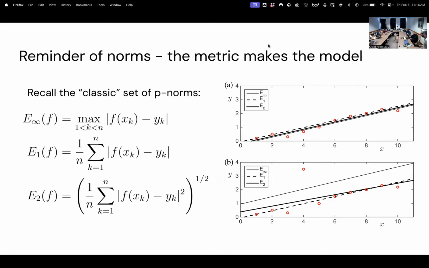Okay, so just to remind you of that idea of norms, because this is our error function, right? Something that I want to stress, and I will stress this again at the end of this lecture, but the metric makes the model, right? That function f is our model. The error term g, or here we'll call it e as a more intuitive thing.